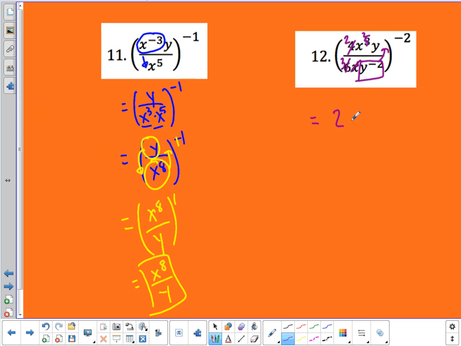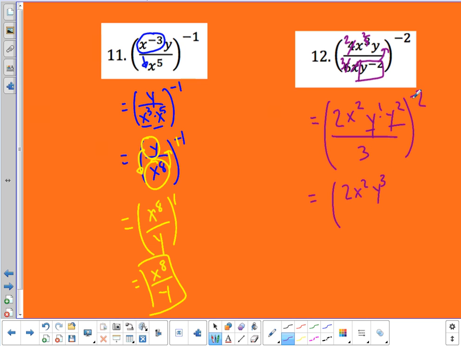So now let's take a look at what we have. We have 2 x to the 2nd y times another y to the 2nd. On the bottom, I have just a 3, but the whole thing is still raised to the negative 2 power. Holy cow. So now I am going to put my y's together because I can. That's 2x squared y to the 3rd.